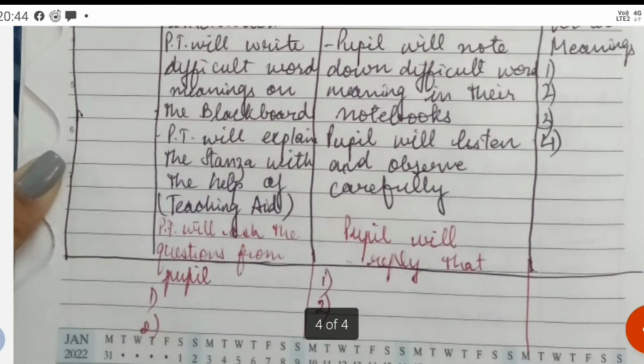Then comes PT will explain the stanza with the help of teaching aid। तो अगर जब सारा कुछ हो गया तो टीचर क्या करेगा, उसको एक्सप्लेन करेगा। तो pupil will listen and observe carefully.